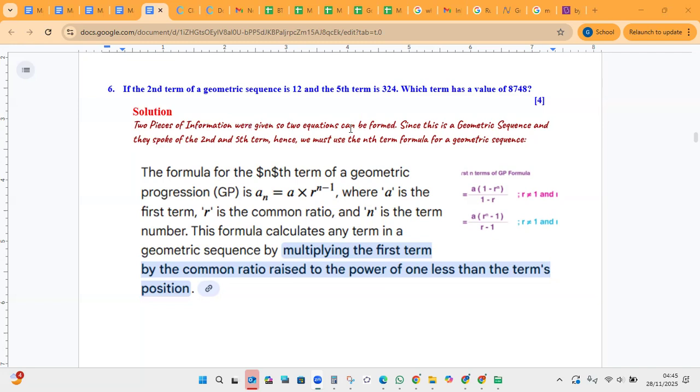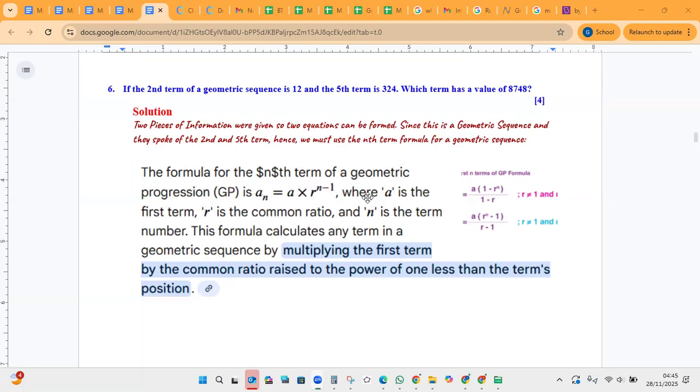Okay, so now we have two pieces of information given to us, so two equations can be formed. Since this is a geometric sequence and they spoke of the second and fifth term, we must use the nth term formula for a geometric progression. The formula is a sub n is equal to a times r raised to the n minus 1.